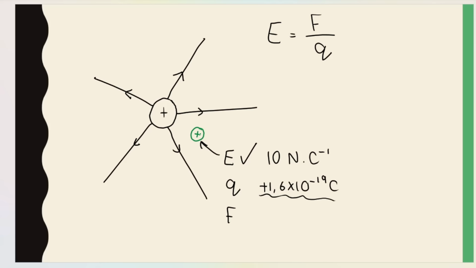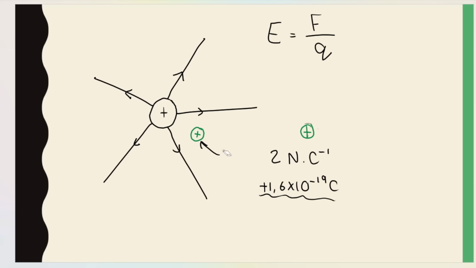If I had to take that proton and move it further away, so let's pretend I move it all the way down here, then the electric field might not be 10 anymore. It's further away, so the electric field will be smaller. Let's pretend it's 2. Then I can calculate the force on this proton. It'll be smaller because the electric field is smaller. I hope that makes sense.